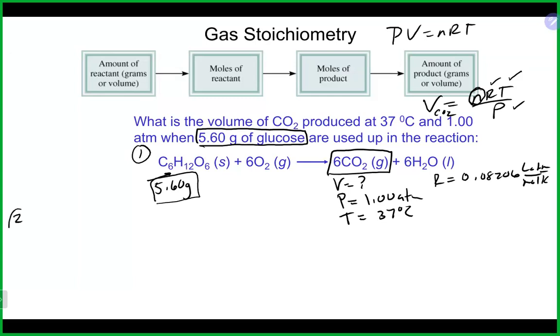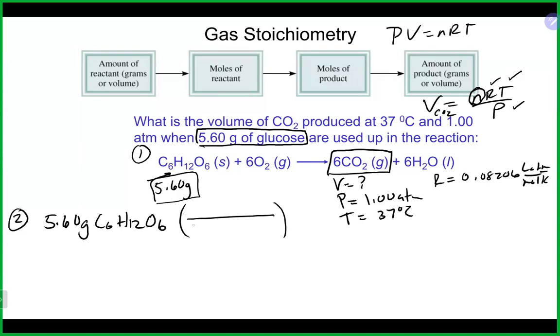So we would take our 5.6 grams of C6H12O6. Once again, like we've done a number of times, we have to go to the periodic table and get the molar mass. That's going to be 6 times 12.01 plus 12 times 1.008 for the hydrogens, plus 6 times 16 for the oxygens.